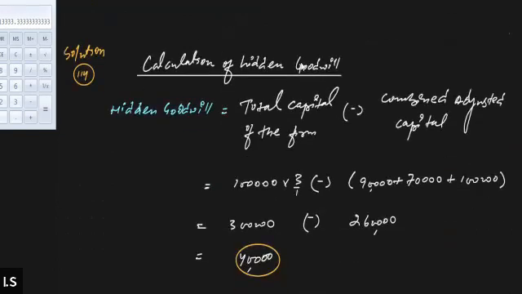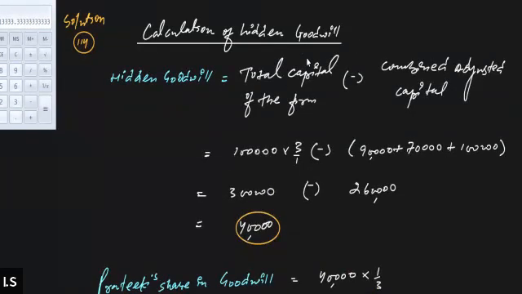See. First of all, in order to find out the hidden goodwill, we need to apply this formula. Hidden goodwill equals total capital of the firm minus the combined adjusted capital of the firm, right? And to determine the value of the total capital, what do we do? We need to multiply the capital introduced by the new partner with the reciprocal of his share.